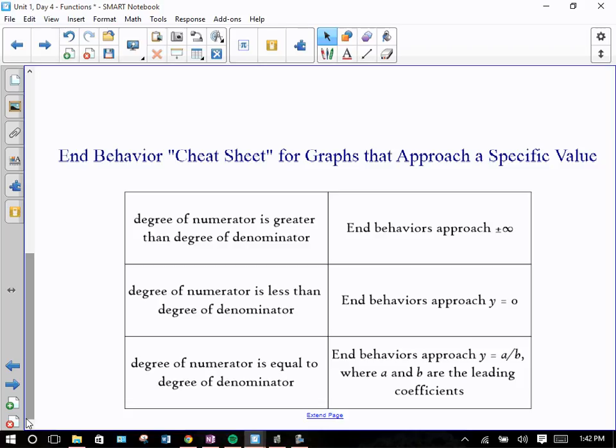If the degree of the numerator is equal to the degree of the denominator, end behaviors approach y equals a divided by b, where a and b are the leading coefficients.